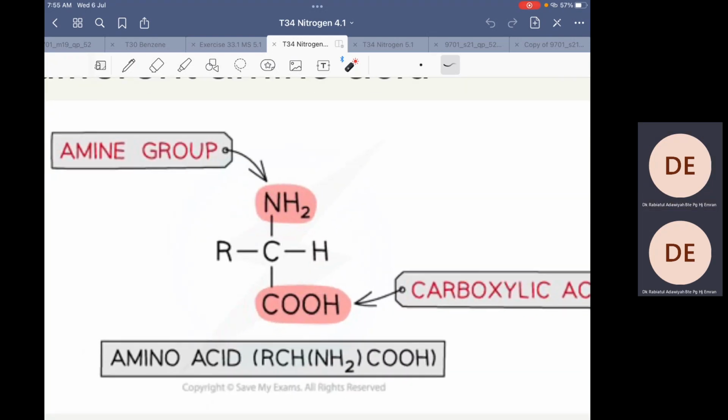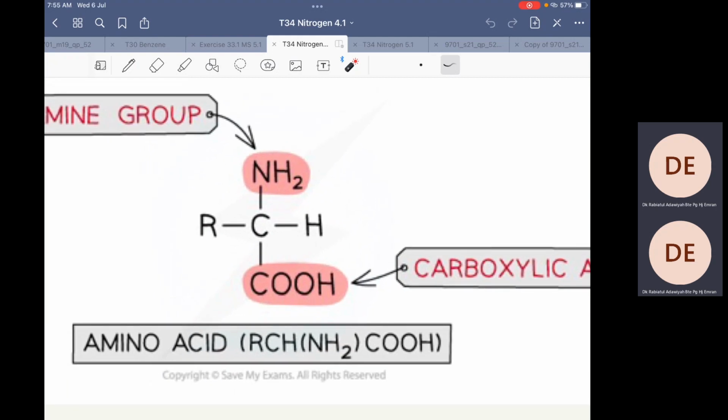The general structural formula for an amino acid is RCH, where that C is your central C, and then you've got a hydrogen, an amine group, and an acid group. Should they go in that arrangement? Not necessarily. You can always write RCH(COOH)NH2.